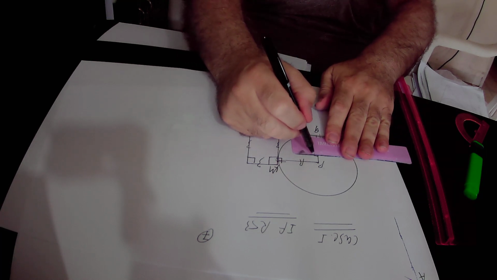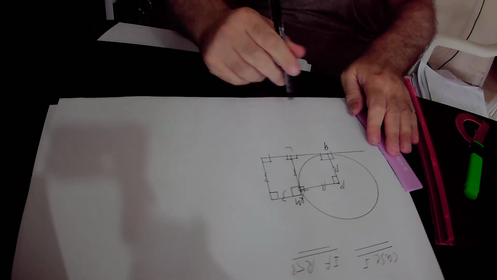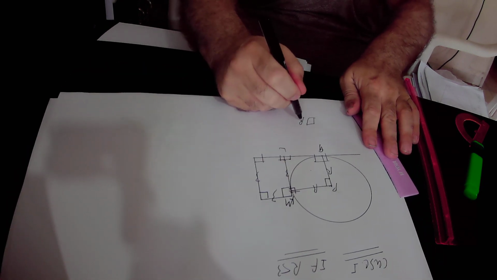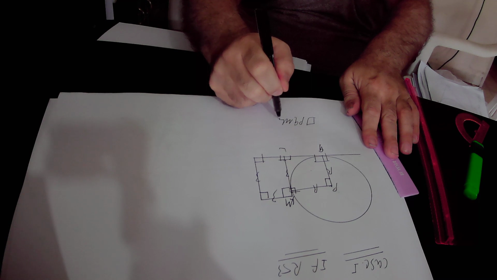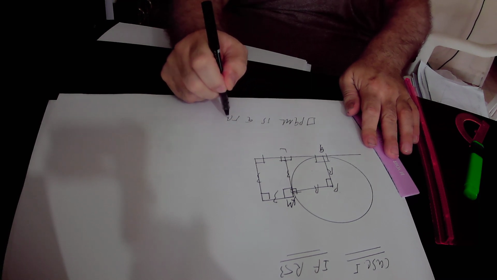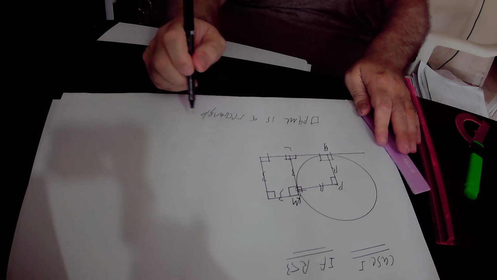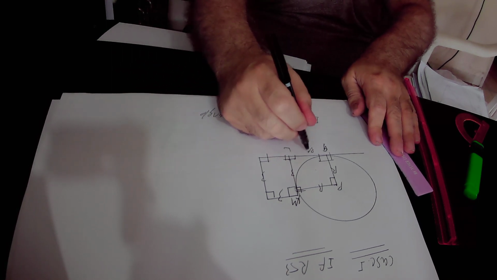Therefore quadrilateral PMQL is a rectangle because it has 4 right angles. And we know that the opposite sides of a rectangle are equal to each other.